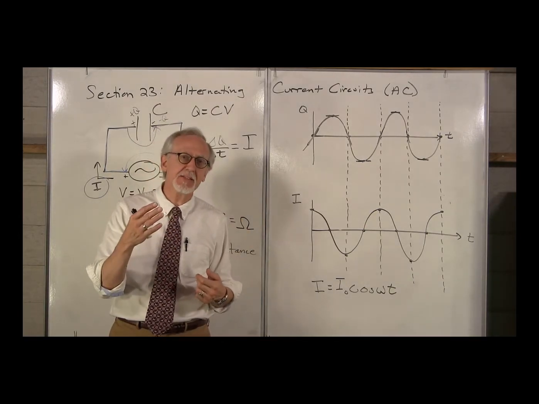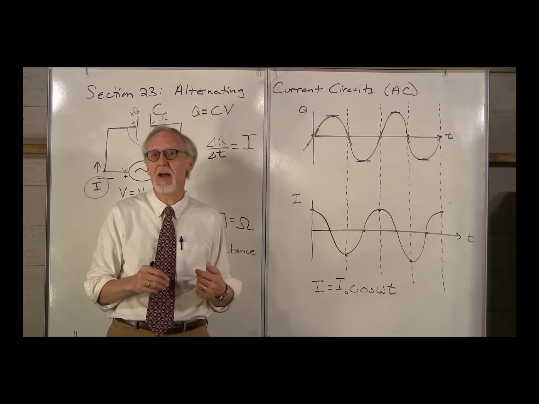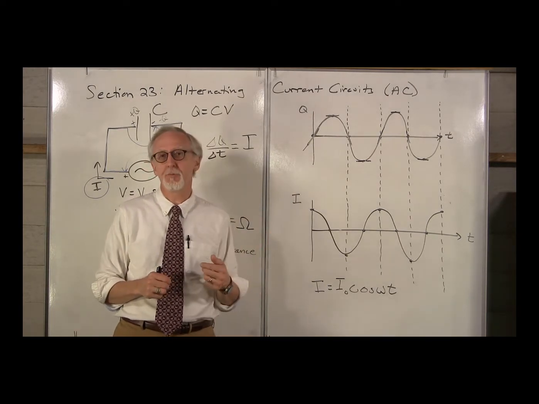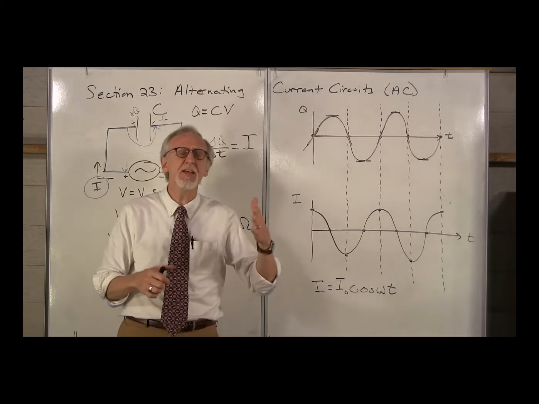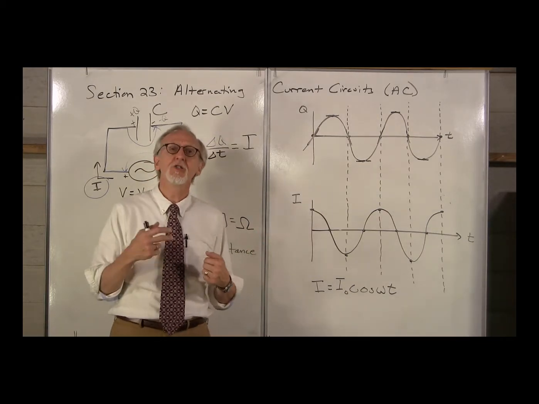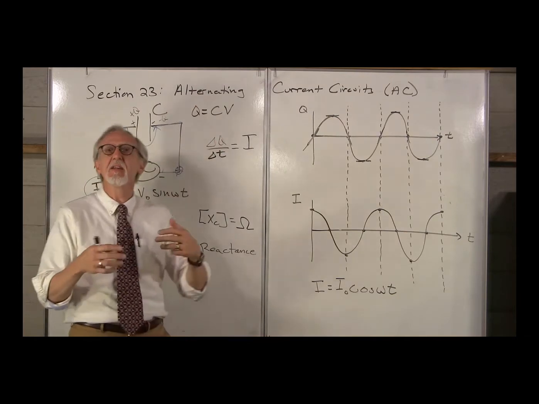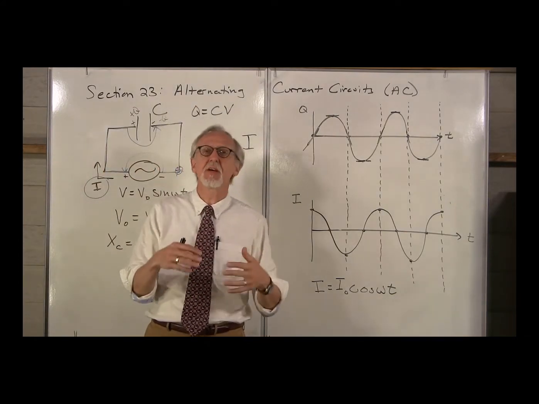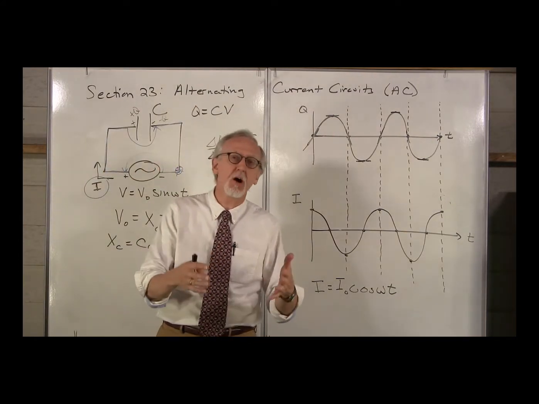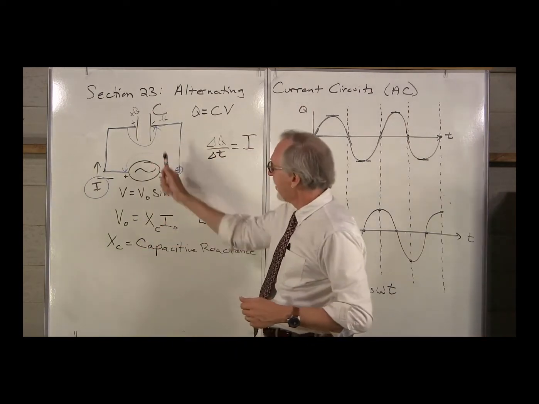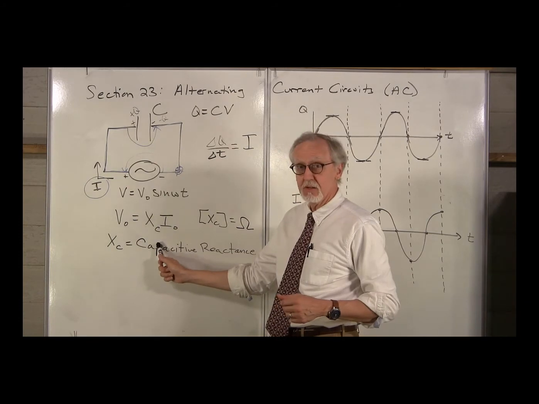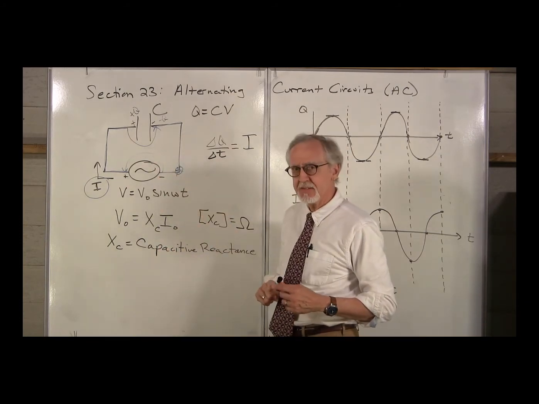If you have a capacitance of 2 farads, you would fit 2 coulombs per volt. If you had a capacitance of 10 farads, you would fit 10 coulombs per volt. So the capacitance tells us, so to speak, the capacity of the capacitor, how much charge per volt fits on the capacitor. How will that affect this result if we change the capacitance?